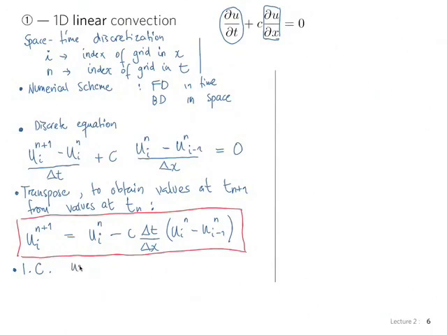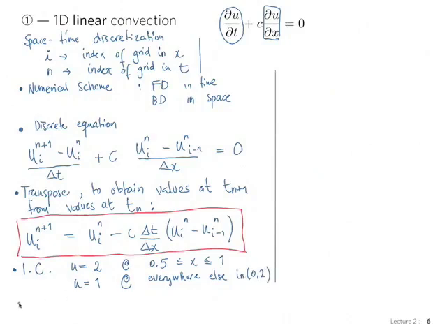That's going to be u equal to 2, constant value 2, in the interval between 0.5 and 1 for the independent variable x, and u is equal to 1 everywhere else. We're just going to consider the domain 0 to 2.